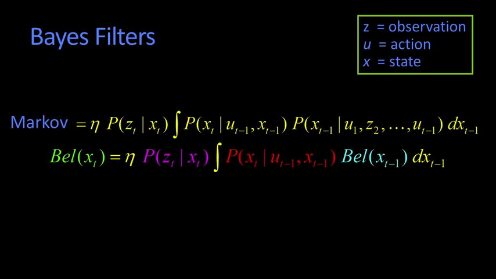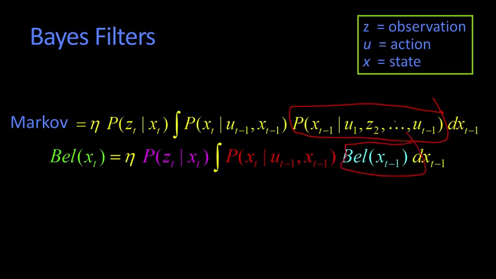Now we're pretty much done, and everything is beautiful and color-coded. We start here. This value right here is just our belief about all the x's at the last time step. So that's written here.